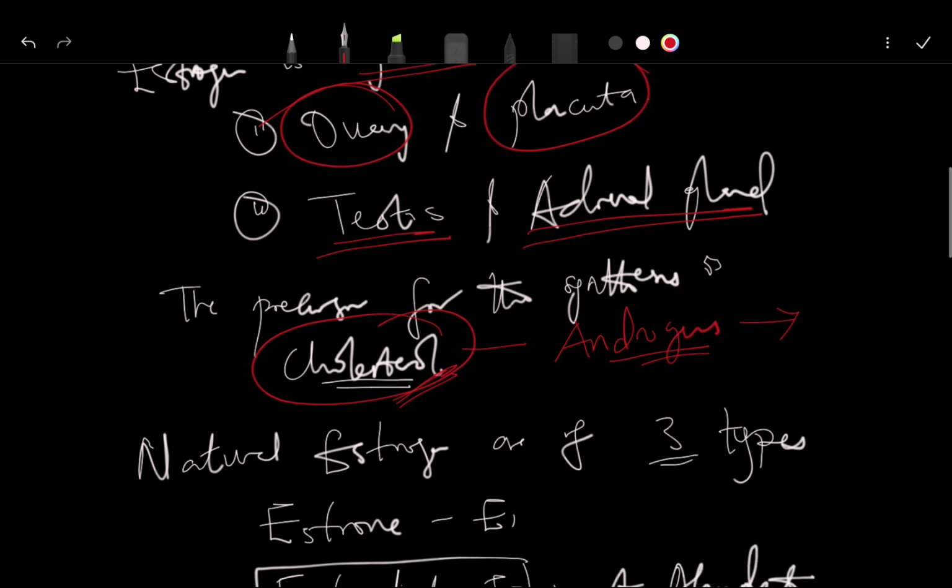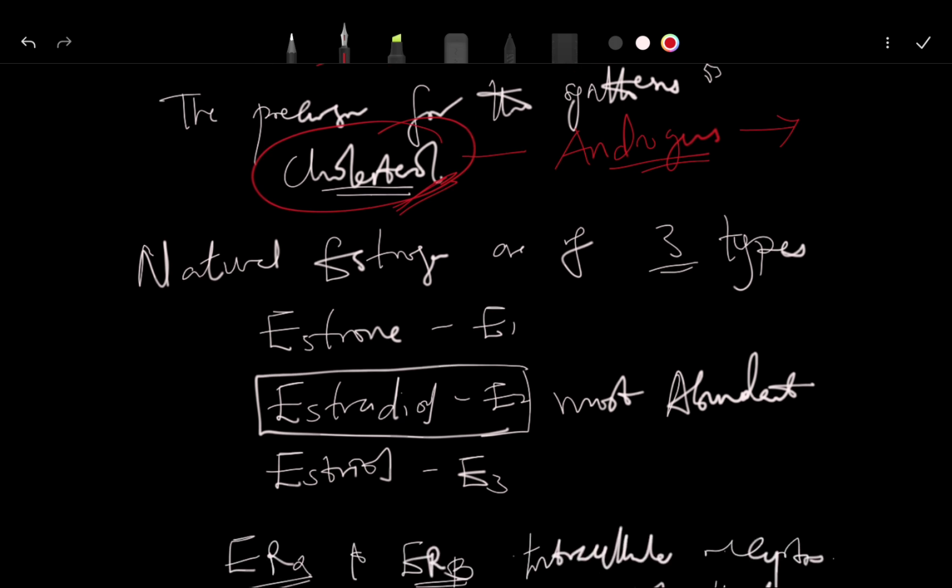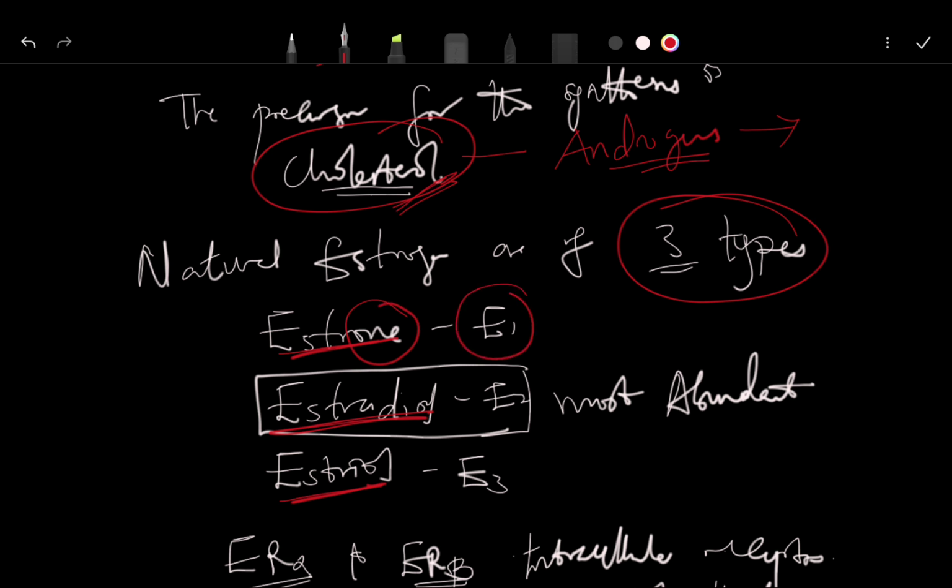Now, it is important for you to note that there are three main types of natural estrogen, that is, the ones synthesized in the body. We have estrone, estradiol, and estriol. You can see one here, so that gives it away as E1. You can see di in estradiol, that gives it as E2. You can see tri here, that gives it as what?